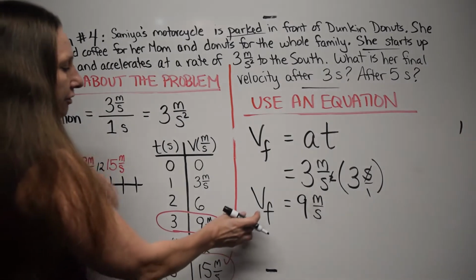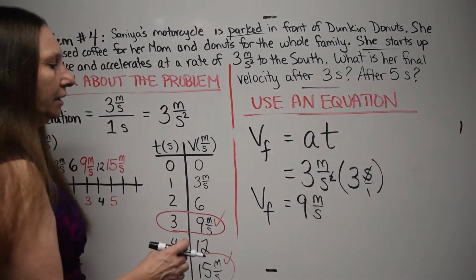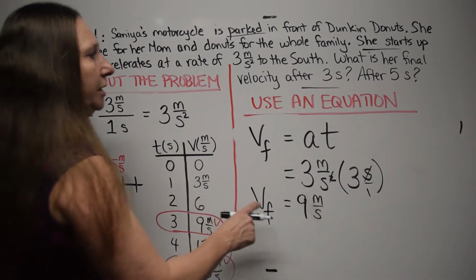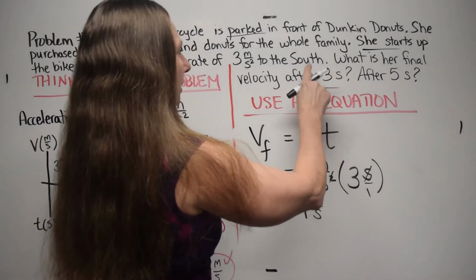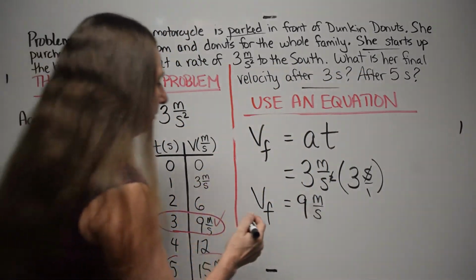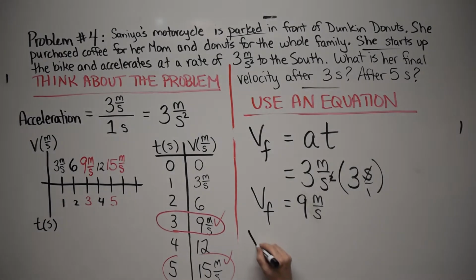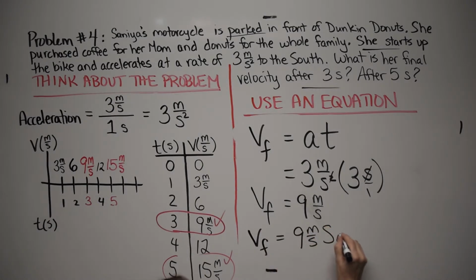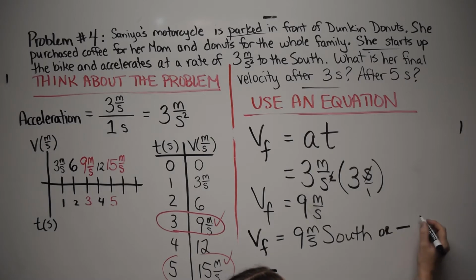Now, that's your final speed, 9 meters per second. If you want your final velocity, it would be 9 meters per second south. Or, because south is negative, negative 9 meters per second.